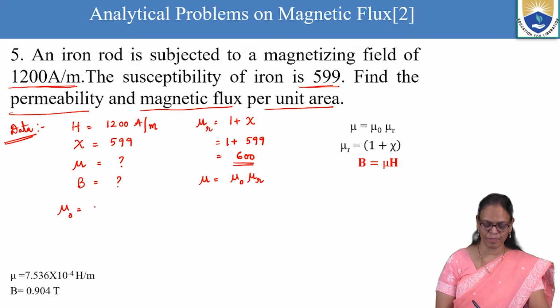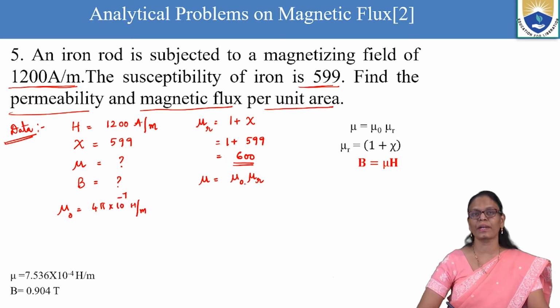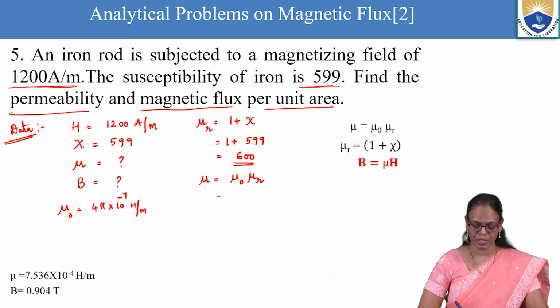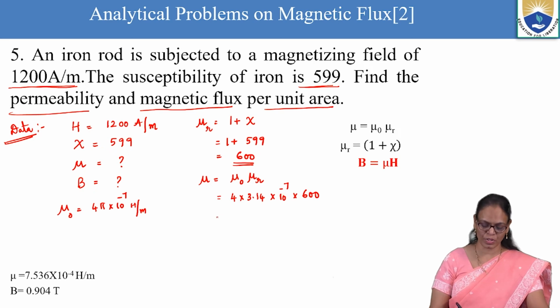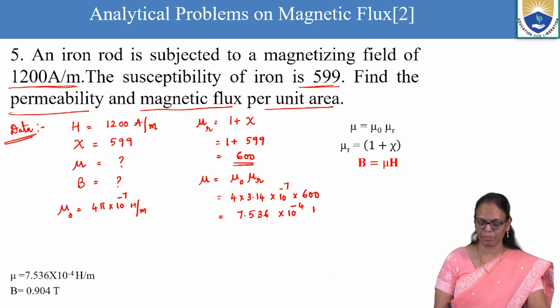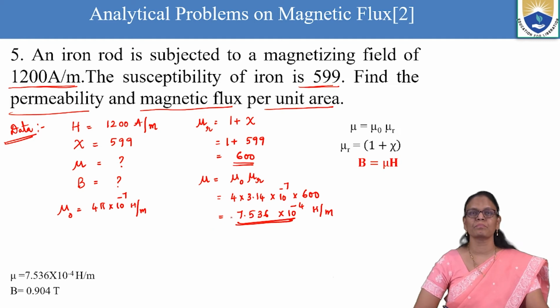A constant, 4 pi into 10 power minus 7 Henry per meter. So we are going to substitute this here: 4 into 3.14 into 10 power minus 7 into the mu r value, which we got as 600. So the value is 7.536 into 10 power minus 4 Henry per meter. So this is what we have got for permeability.